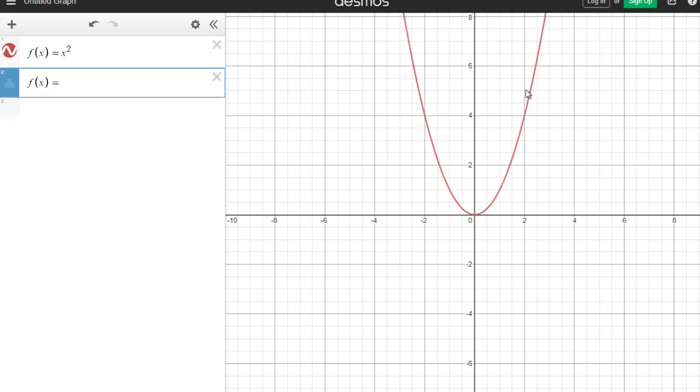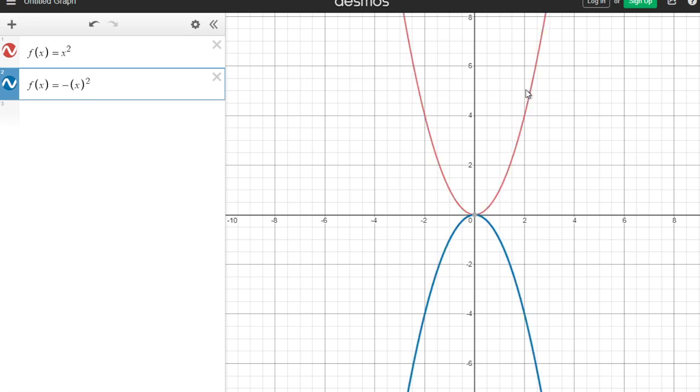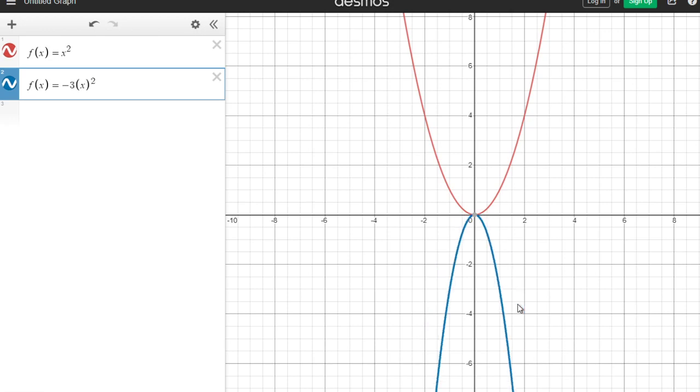And now I'm just going to start adding key features to that parent function, and I want you to look at what it does. The negative A value flips the graph upside down. The 3 for that A value causes the graph to become more narrow.